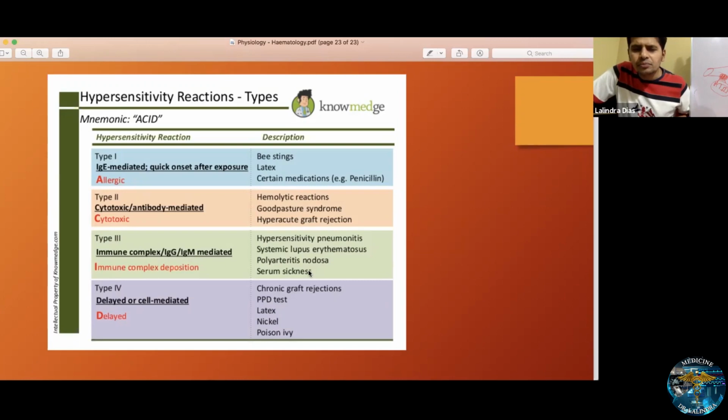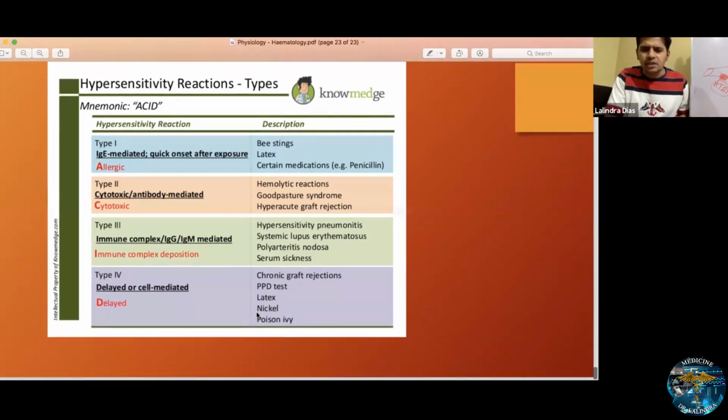So chronic graft rejection, PPD test, latex, and so on. So these are the delayed hypersensitivity reactions: chronic graft versus host reactions, chronic graft rejection, the purified protein derivative test or Mantoux test, latex allergies, those are the ones.